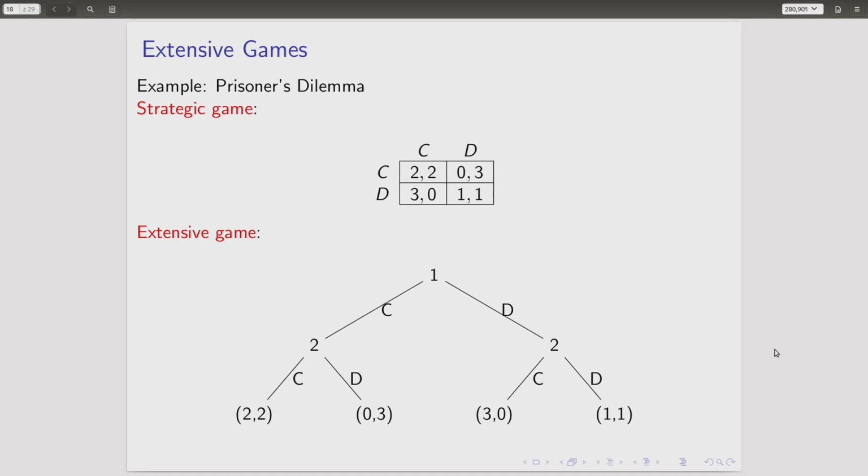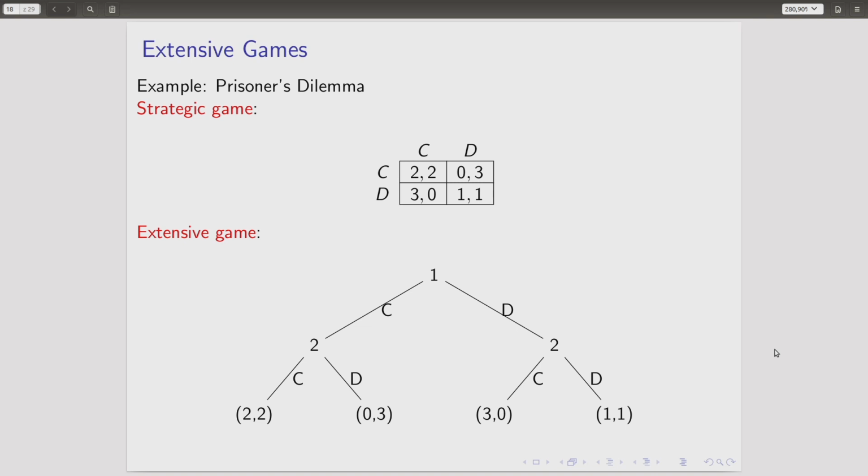But there are many games, and in fact that's what we think intuitively is a game, where they take choices in turn. So they alternate, like in chess or checkers, their decisions or their current move. And this is called an extensive game.